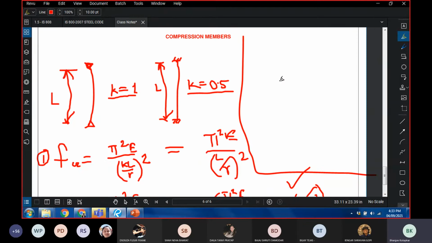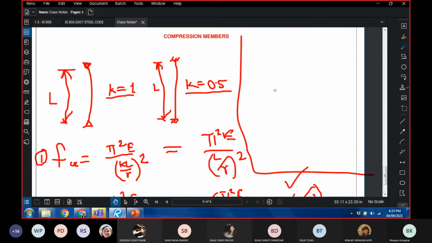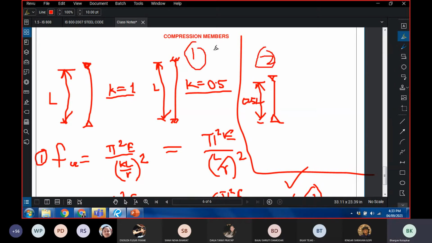So if I have a pin-ended column that has an unsupported length of 0.5 L, this column and this column would have the same strength.